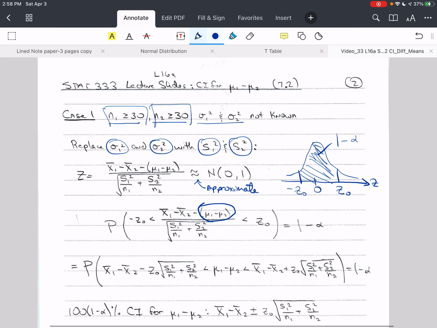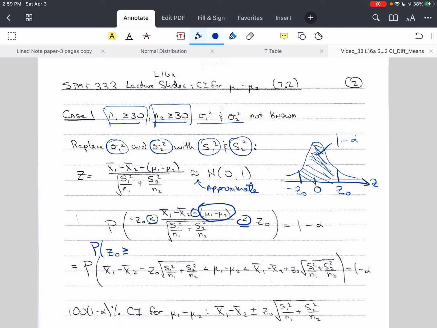And so, because these are negative, we want to multiply everything by -1, so we get the probability of positive z naught, and we have to flip the signs. And we can use equal to here too, okay?